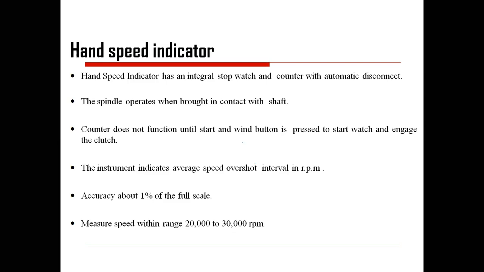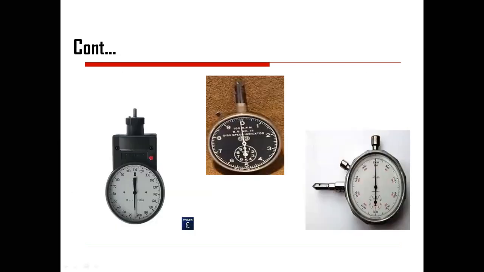In the previous counter we were able to measure 2000 to 3000 rpm, but the same is not the case with the hand speed indicator. You can even measure a speed up to 20 to 30,000 rpm using the hand speed indicator. So these are the devices.